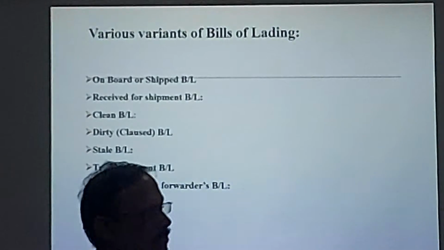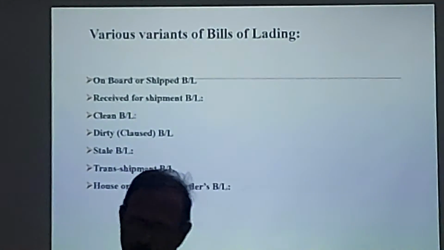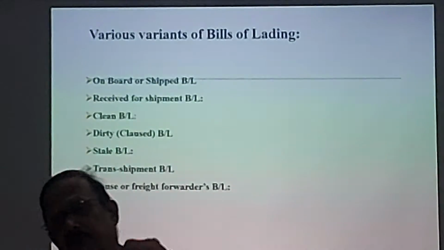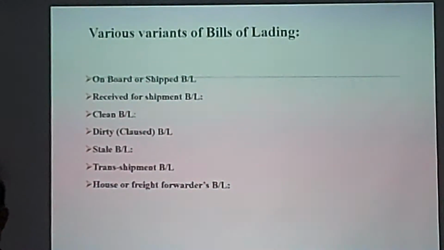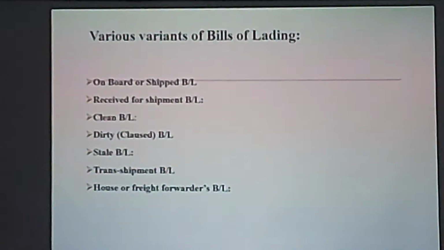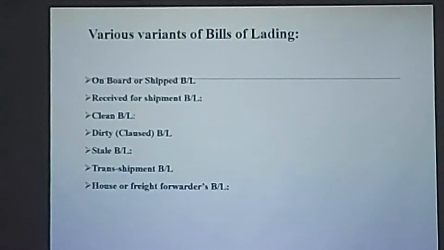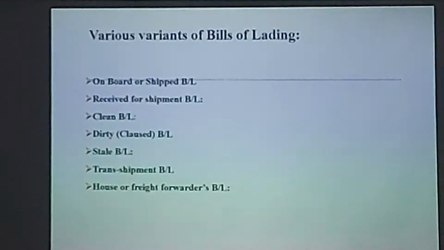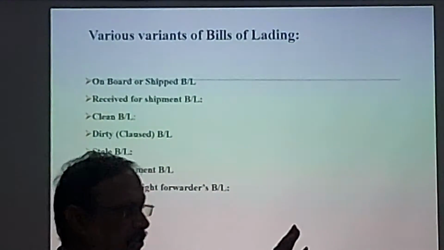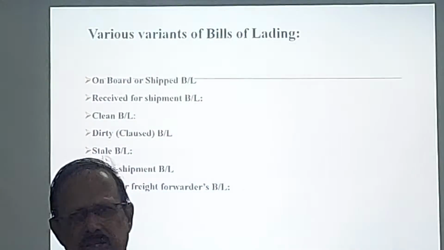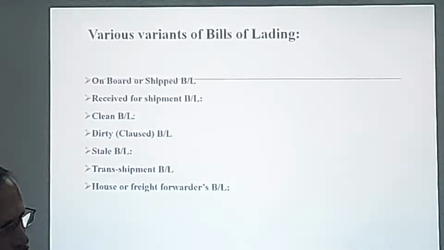So I get the freight forwarder's bill of lading or airway bill, because he's giving it to an individual party, but he's consolidating and giving it to the shipping line, and they give him only one. Are you getting it? To me, he's giving his own broken-up bill of lading. So that is called freight forwarder's bill of lading, which is issued by a freight forwarder, not by the shipping company. Are you clear? Because the cargo is so small that the shipping company is not interested, so you go through a freight forwarder.